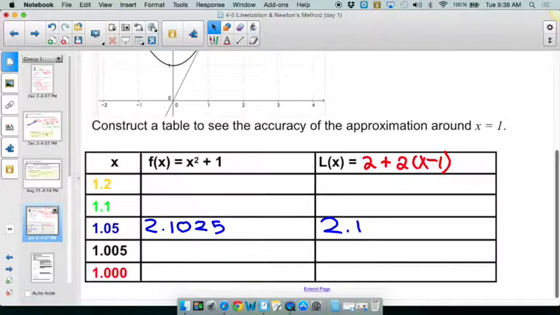Because what we want is an equation for a line that's going to linearize this function. So what we're saying is we're going to draw this tangent line there. And so we have an equation that relates x and y.